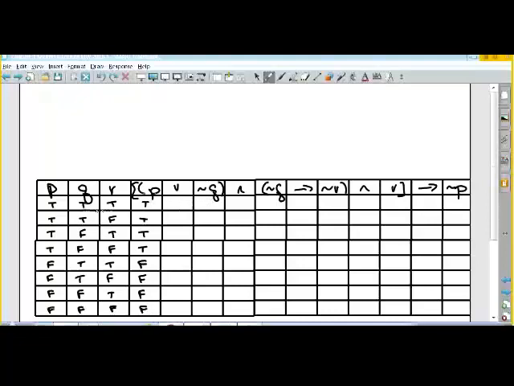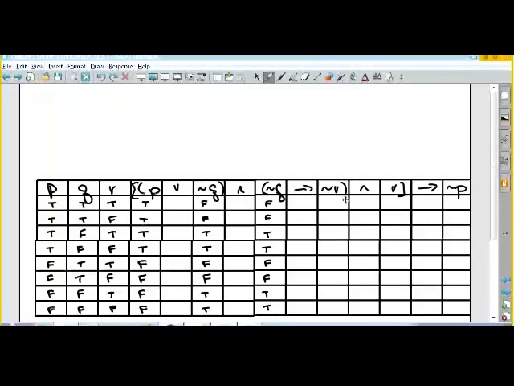So now we're going to do the negation of Q. So instead of true, true, false, false, it'll be false, false, true, true, false, false, true, true. Then we have the negation of Q again. So it's false, false, true, true, false, false, true, true.